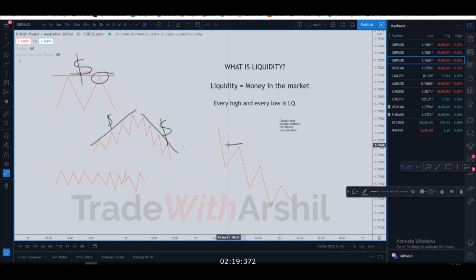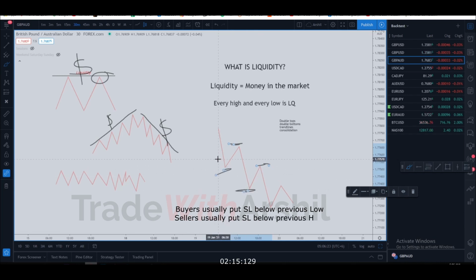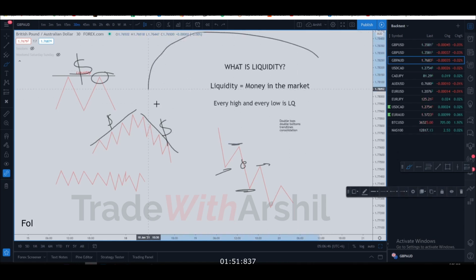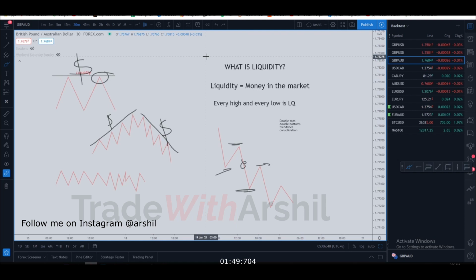Because stop losses are above every high and every low. If you're buying here, your stop loss would be down here, and if you're selling here, your stop loss would be up here. That's how we tend to learn that the stop loss should be above the high when selling and below the low when buying. Simple as that. Remember this bit and you're done.